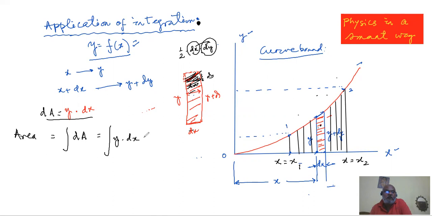Of course, you must be careful. When you integrate, you should not slice the curve from anything to anything, you must be bound by certain limits. You cannot go to the left of x1 or to the right of x2. So we have to put in the proper limit from x1 to x2.